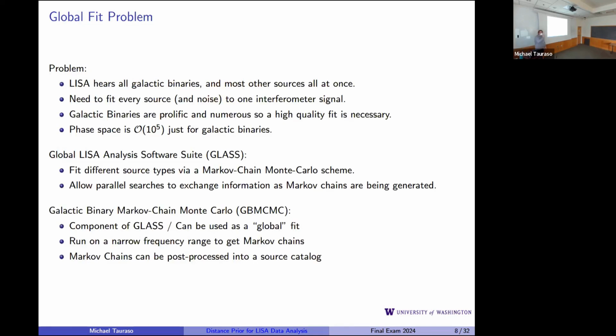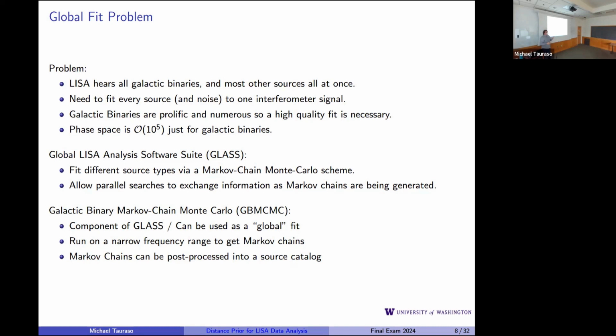LISA has a bit of a unique problem when it comes to gravitational wave detections. For LIGO sources, there is a moment when it is inspiraling and merging. There may be many, many systems in the galaxy that it is sensitive to, and even outside the galaxy, but those are not all happening at once in the data. You can slice out a part of the data and say this is one thing.